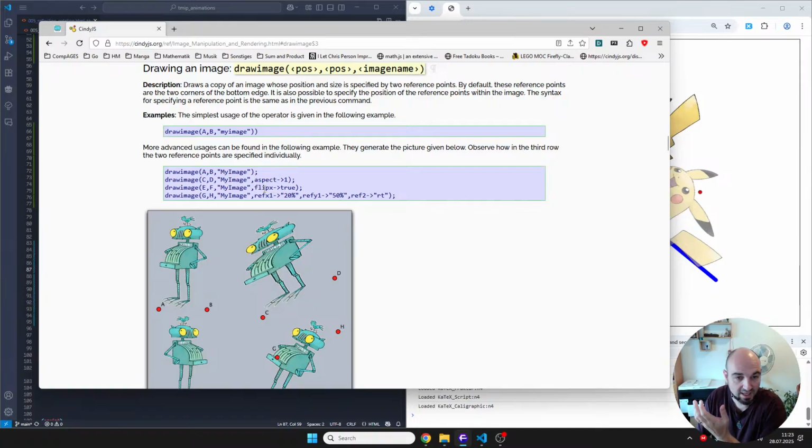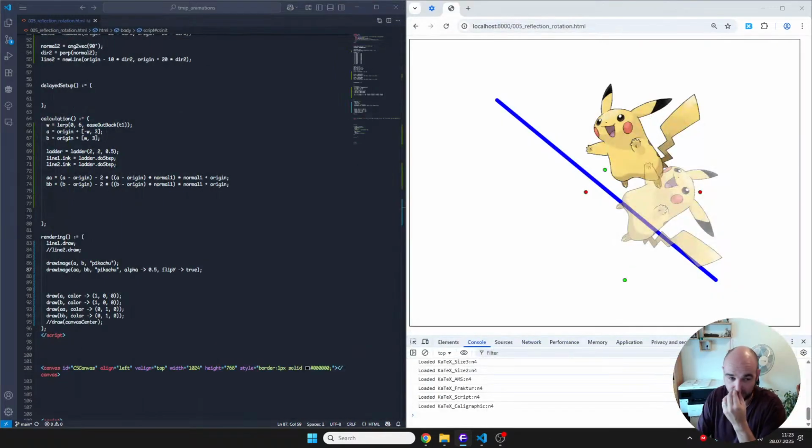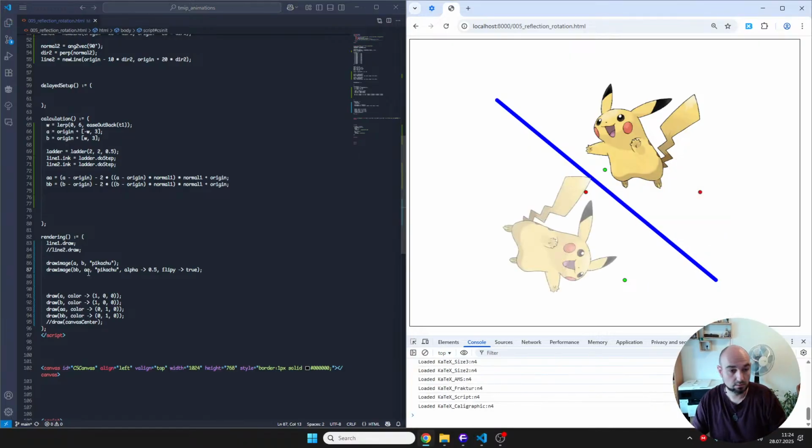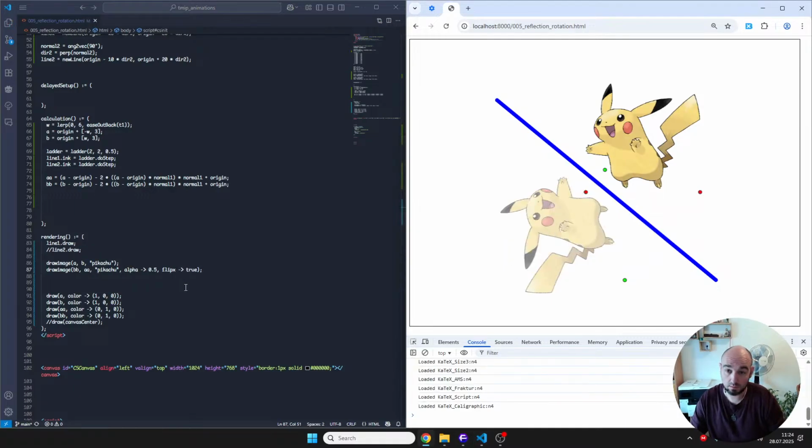So we can have flip X. We can have flip Y. Right, and now this looks, is this looking correct?